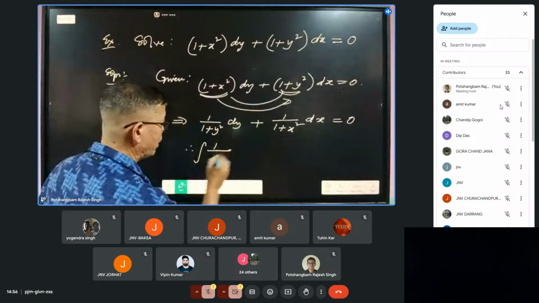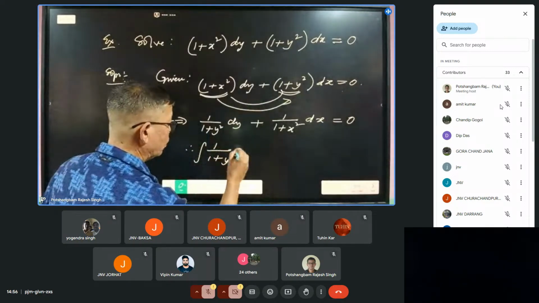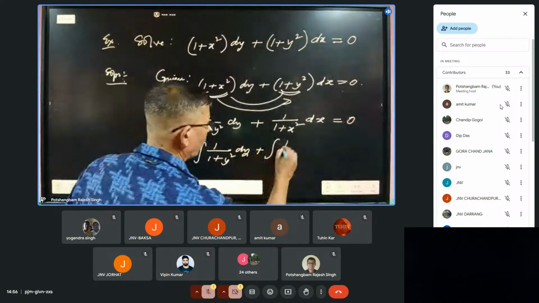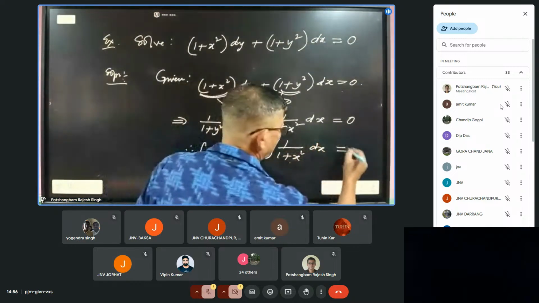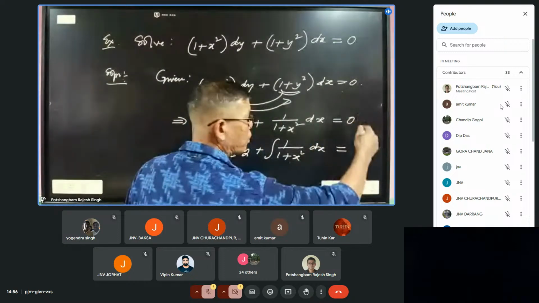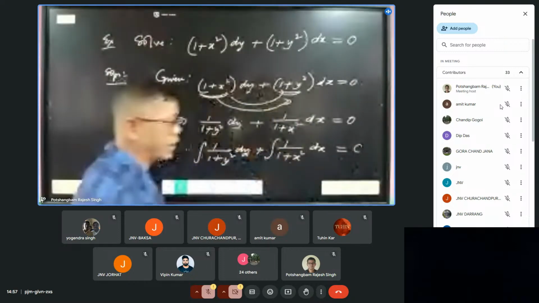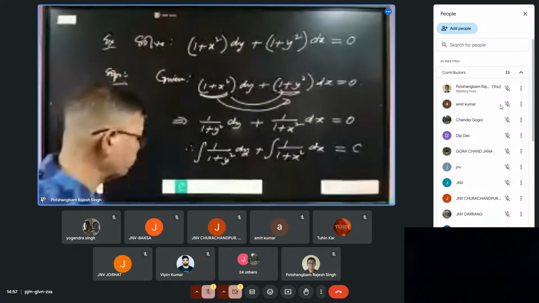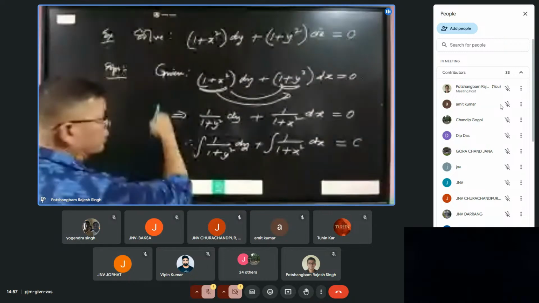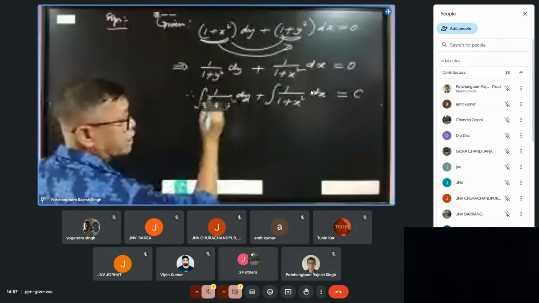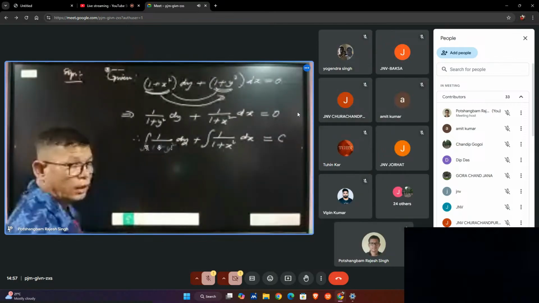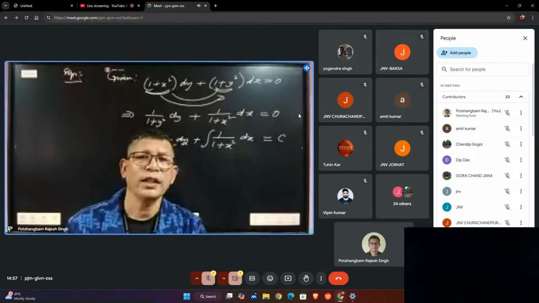As the separation is over, now what you can do is integration. Integration of 1 by 1 plus y squared dy plus integration of 1 by 1 plus x squared dx, and the right hand side integration of 0 is actually c, the constant of integration, which can be put on the right hand side. Just the basic integration may be required in finding the solution.